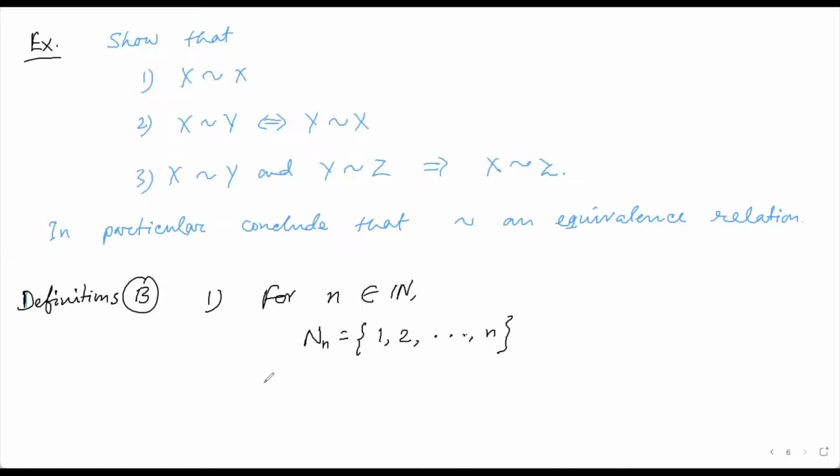Okay, and we go to the next page, item 2. A set X is called finite if X is equivalent to N sub n for some natural number n.